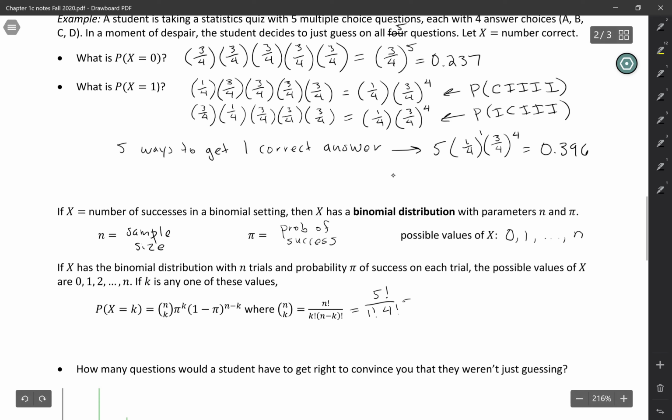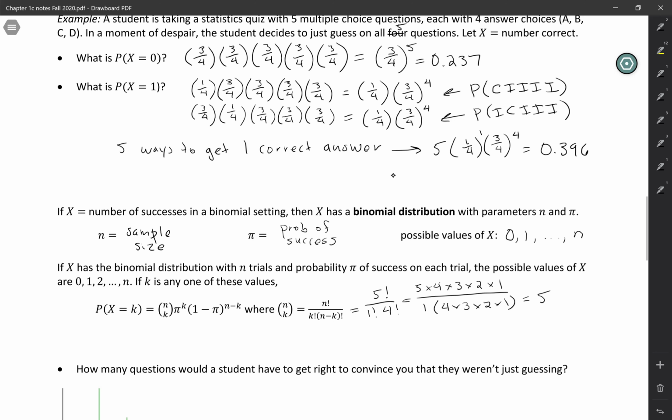So if you remember how factorials work, it's 5 times 4 times 3 times 2 times 1 all the way down. 1 factorial is just 1, and then 4 times 3 times 2 times 1. So here, if we cancel out the numerator and the denominator, we're left with just 5, and that's the number of arrangements that we have, the number of ways that we could get one answer correct.